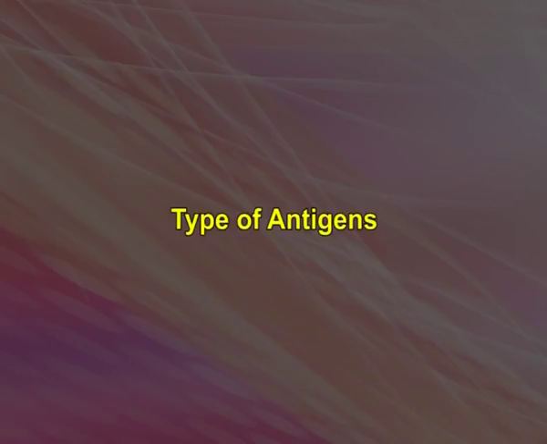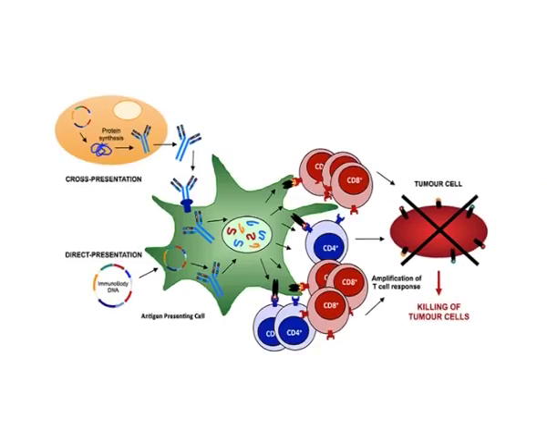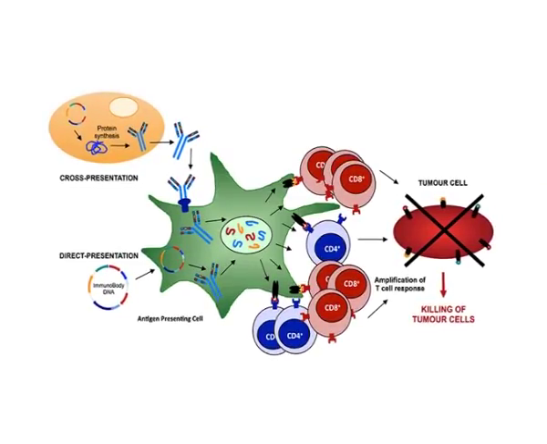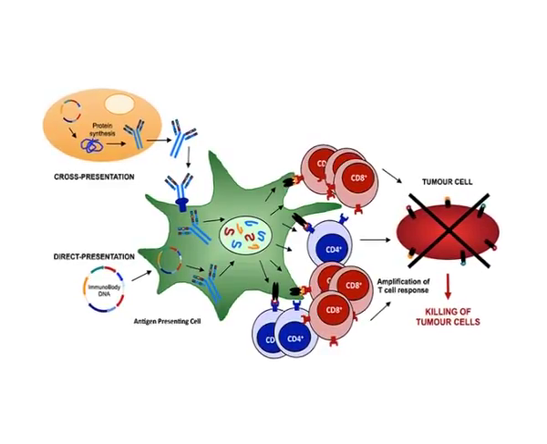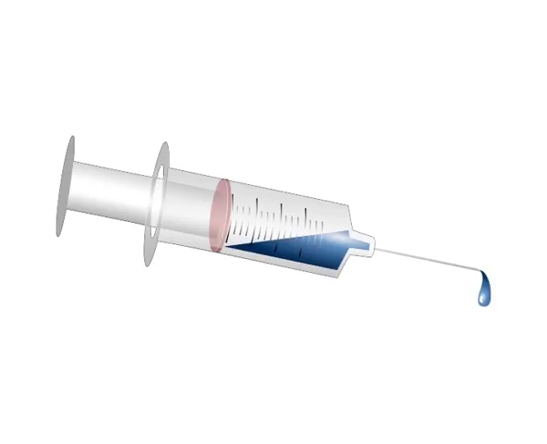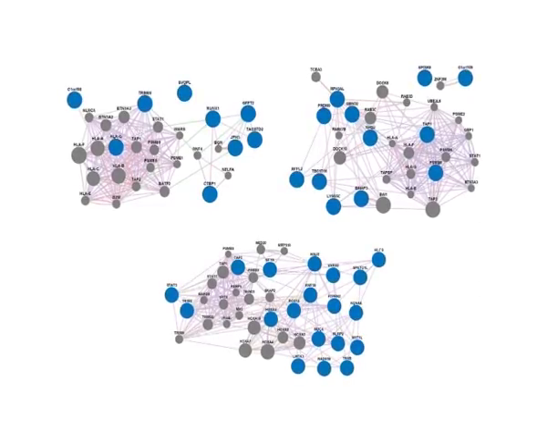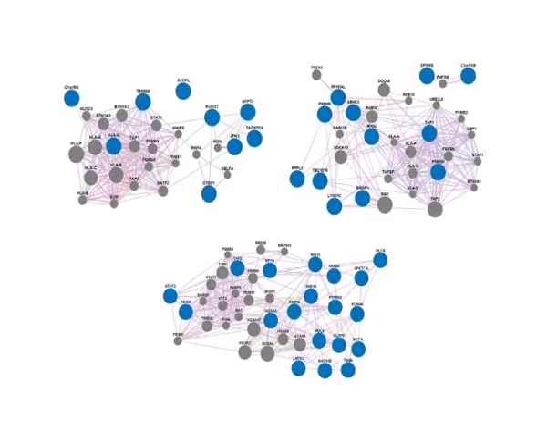Types of antigens. Antigens can be classified according to their source. Exogenous antigens. Exogenous antigens are antigens that have entered the body from the outside, for example, by inhalation, ingestion or injection. The immune system's response to exogenous antigens is often subclinical.